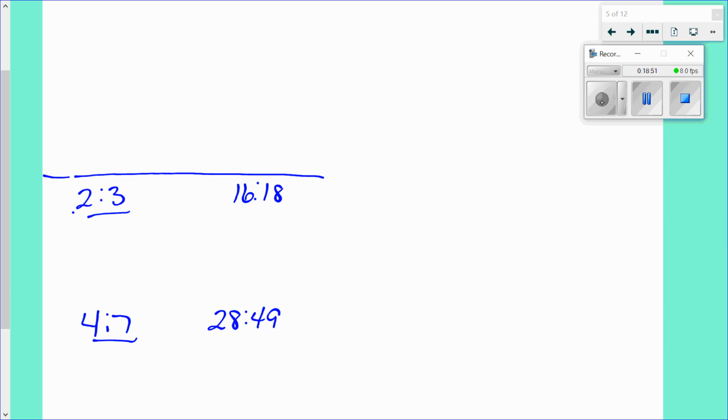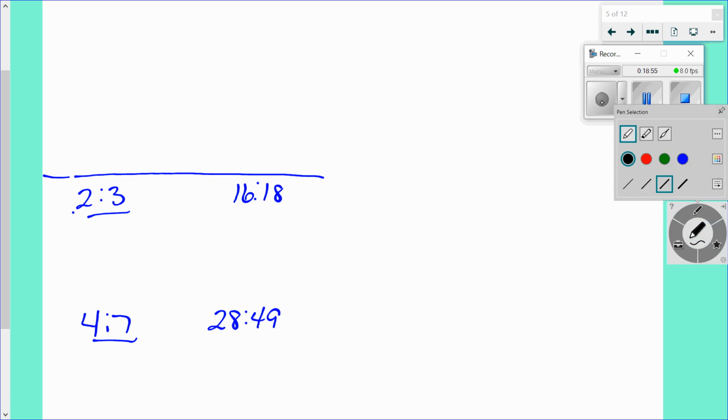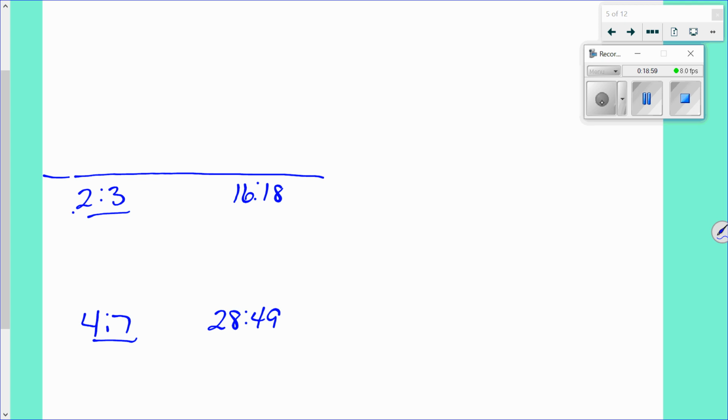Okay, our first one. We're comparing 2 to 3 to 16 to 18. How many of you felt those were equivalent? Raise your hand. Good. They were not. So we do our tape diagram. We've got 2 to 3. To get to 16, I would have a ratio constant of 8, which means my second one would have been 24.